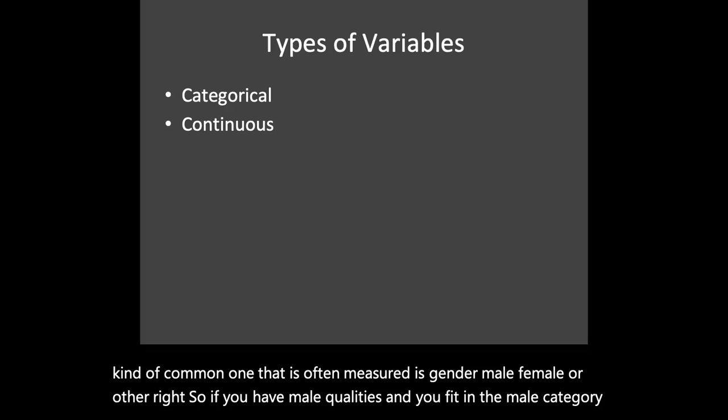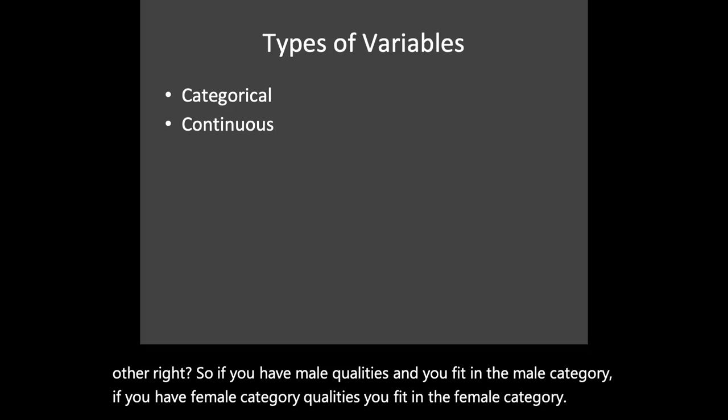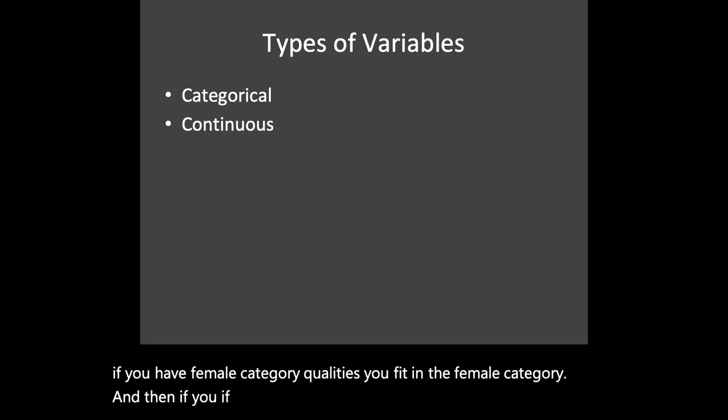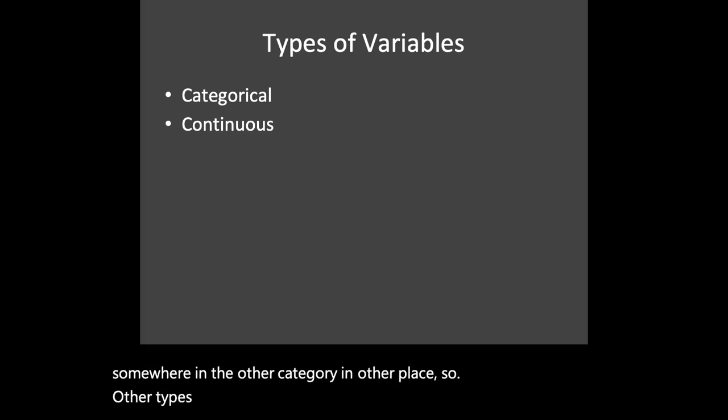If you have female qualities, you fit in the female category. And then if you don't fit in one of those two categories, you're somewhere in the other category. So other types of categorical variables include types of trees and plants. All those are categories, right?